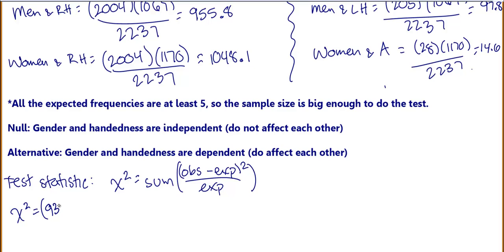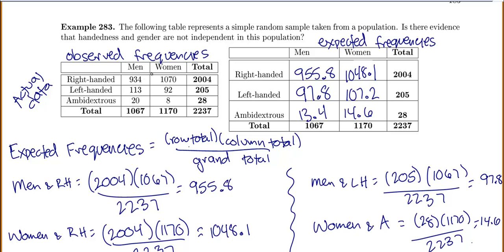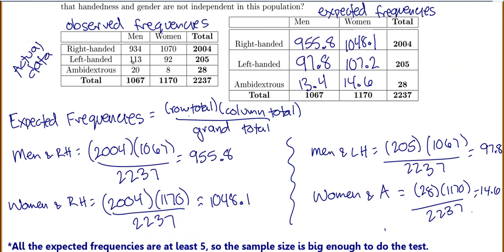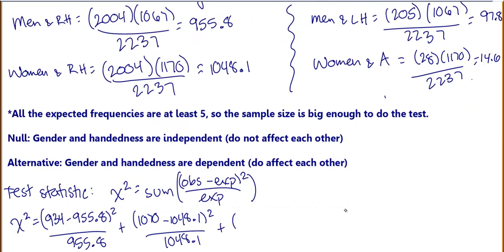So it's going to be 934 minus 955.8 squared over 955.8 plus my next one. And you can choose which order you do this in, just be consistent. So I'm going to do 1070 minus 1048.1. And my next value is 113 and the expected is 97.8.